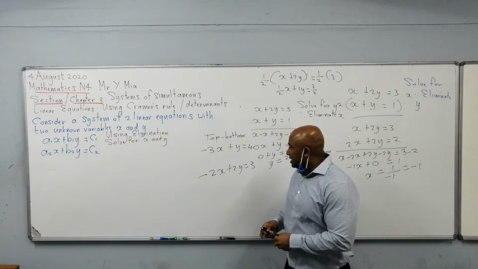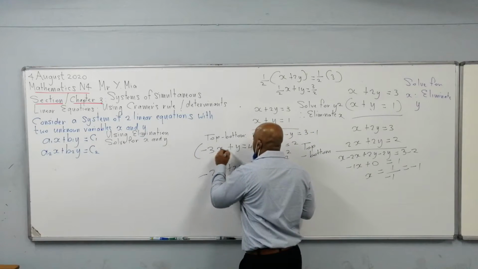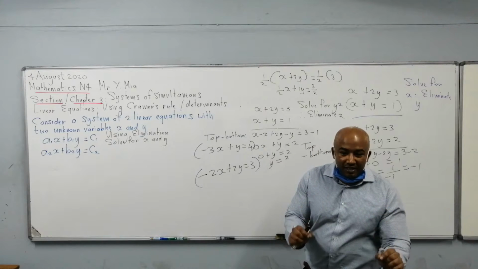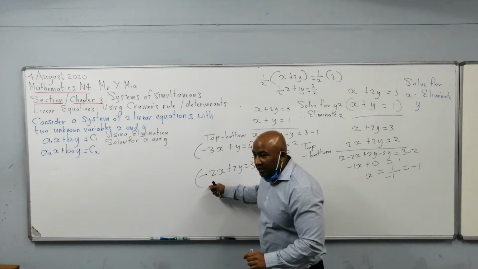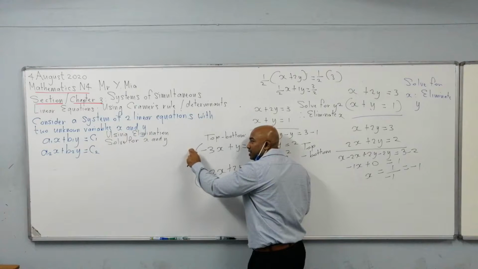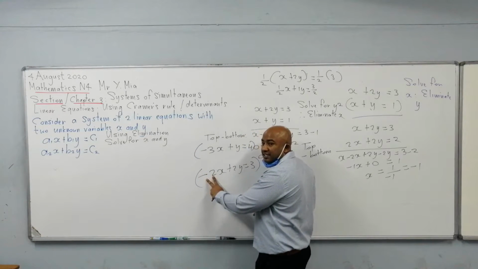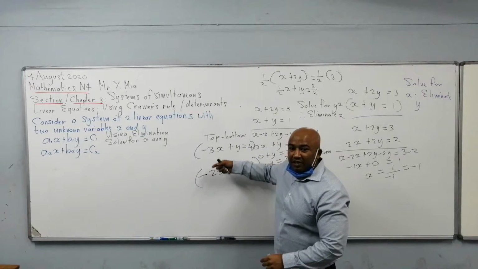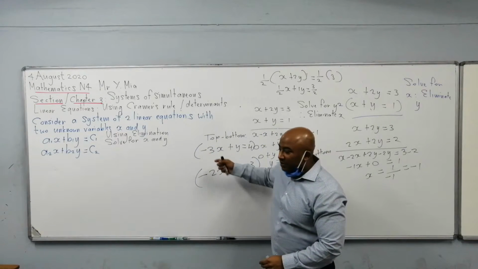So, all I have to do is, I look at the top equation and the bottom equation. Let's say I want to eliminate x and I want these two to be equal. So, I will multiply the top equation by the coefficient of x in the bottom equation. And then I will multiply the bottom equation by the coefficient of x from the top equation.